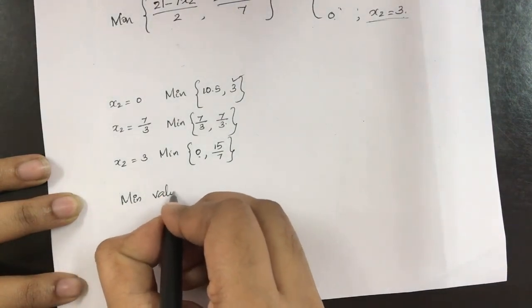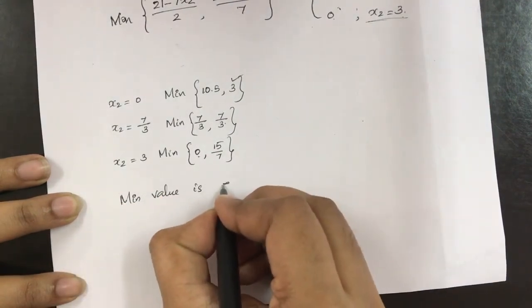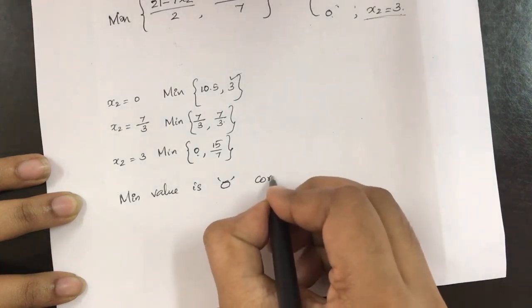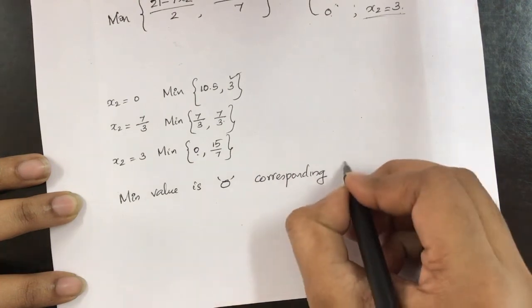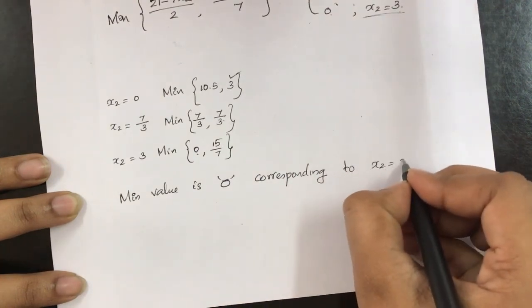So the minimum value is 0, corresponding to x2 equal to 3.